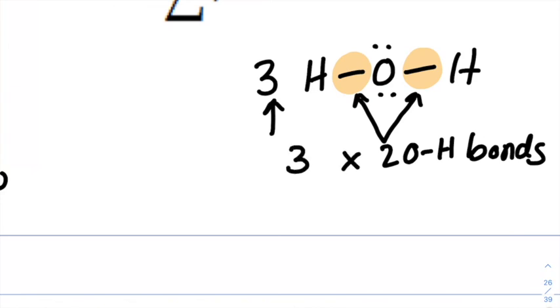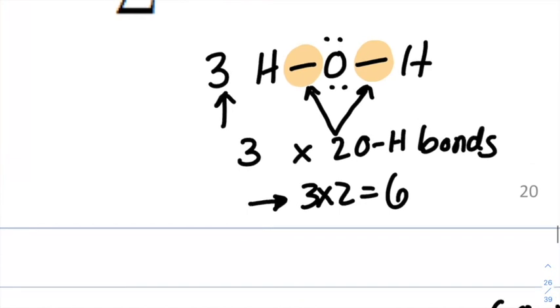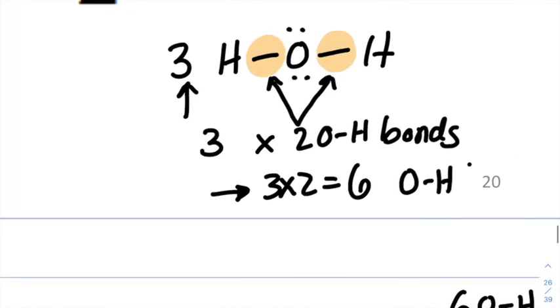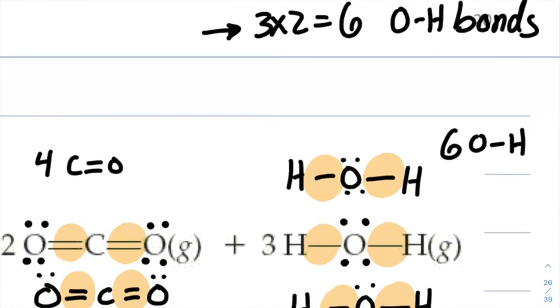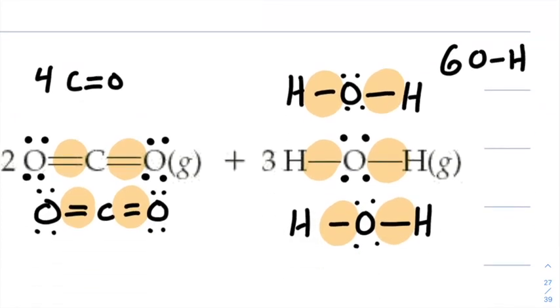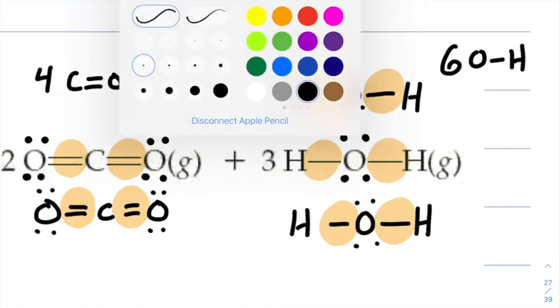So I'm going to say 3 times 2 OH bonds, and I'll use an arrow instead of an equal sign just so we don't get confused with chemical bonds. Let's just say 3 times 2 are 6 OH bonds, like so. So either way you want to look at it, as 3 times 2 OH bonds, or as 6 total bonds in there, either way you're going to have 6 OH bonds.